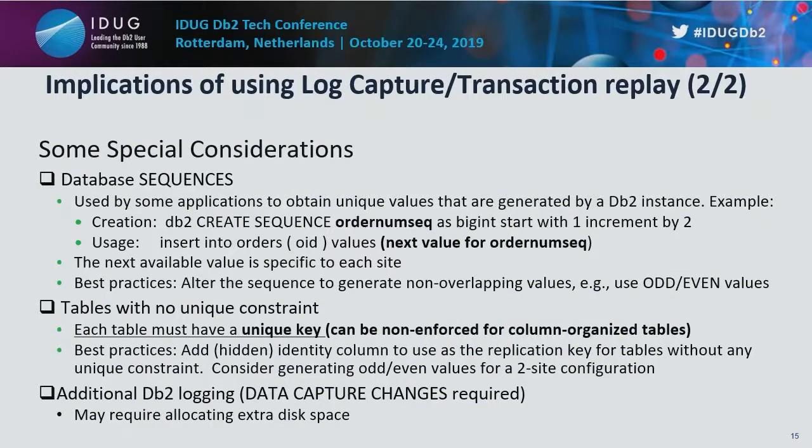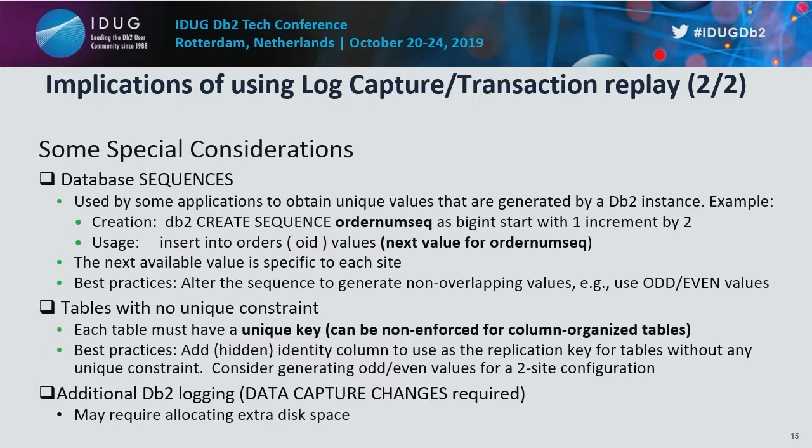There's a couple of caveats also with this technology having to do with automatic objects of DB2. For example, sequence objects are a DB2 object that will generate values, and it's specific to each DB2. It's actually a little bit complicated. The way that DB2 generates this is not under commit semantics.